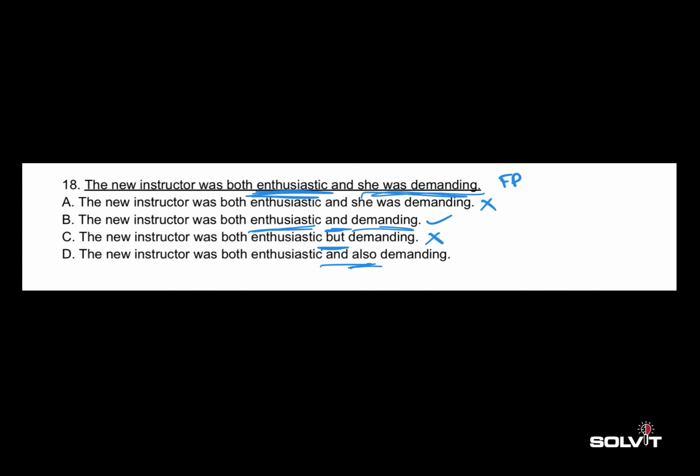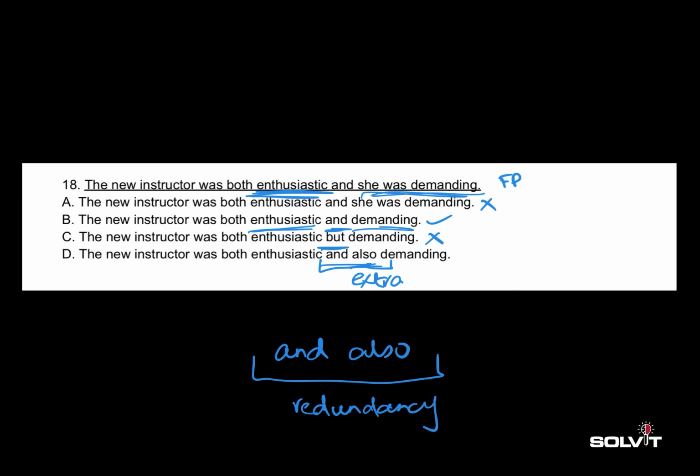Option D is the new instructor was both enthusiastic and also demanding. Now the word also is extra over here. See, what do we have here? And also. What did I teach you in the previous video? This is redundancy. Using two words that have the same meaning, when we use them together, it's called redundancy because and means that you're about to add something to the sentence and also means that you're about to add something to the sentence.